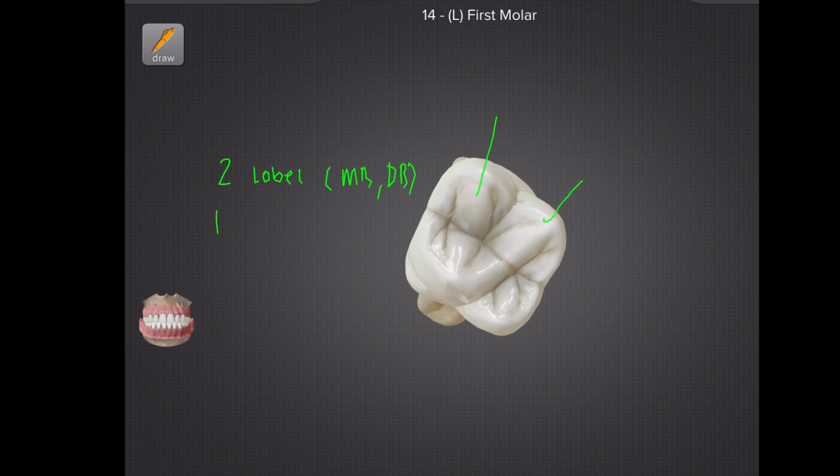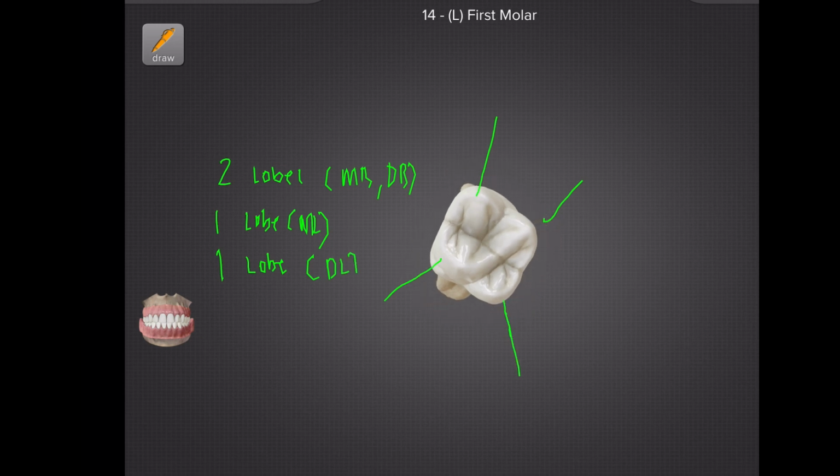You have one major lingual lobe, which is your mesiolingual lobe. Major meaning malaki din. One minor lobe in the lingual area, which is your DL or the distal lingual.